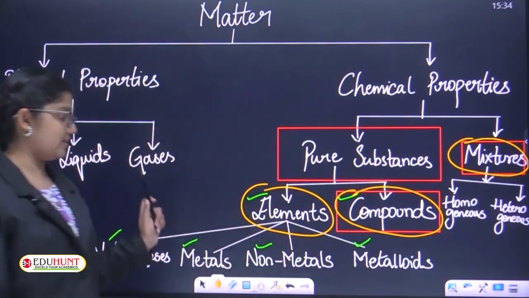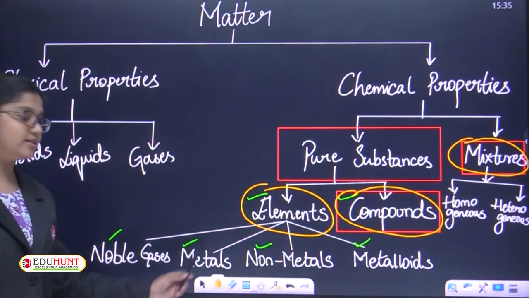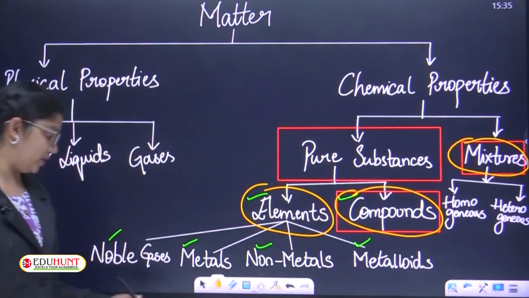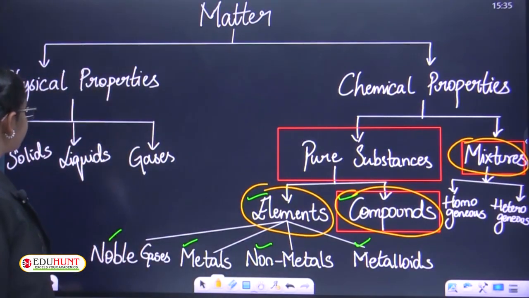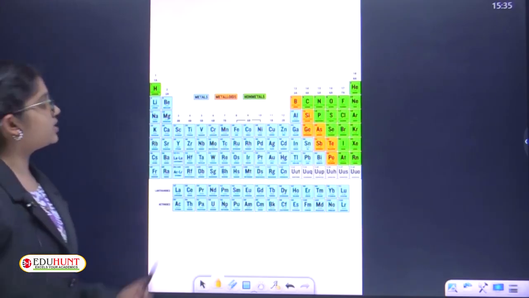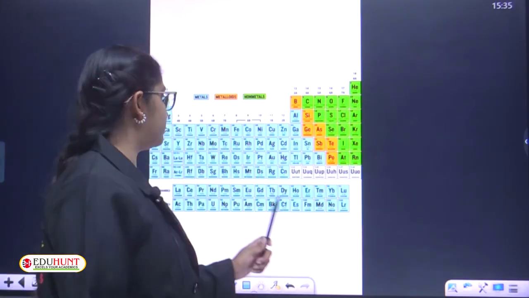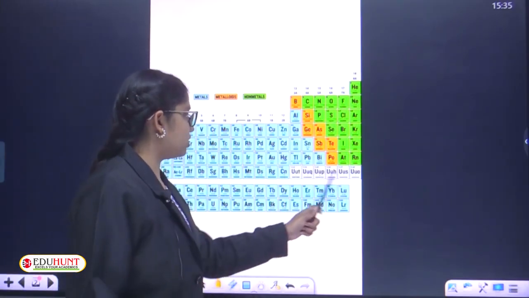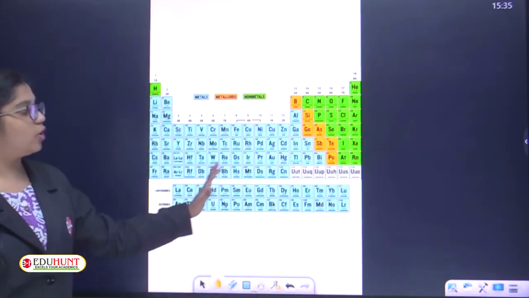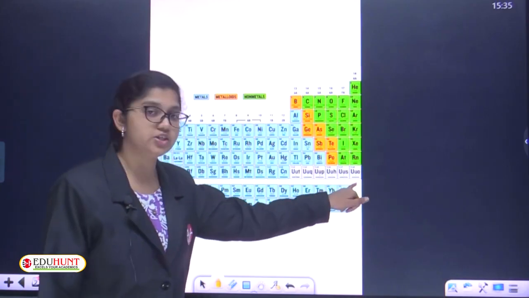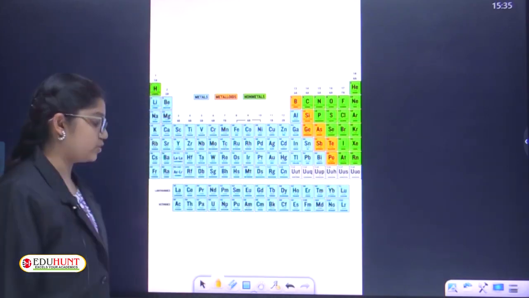In yesterday's class, I described all these things: metals, non-metals, metalloids and noble gases. Let me show you the picture in the table. This is a periodic table, and here there are some elements which were not named yet. But now, in the updated version, we have all the names up to Oganesson, Og. Remember that, the last element, Og.